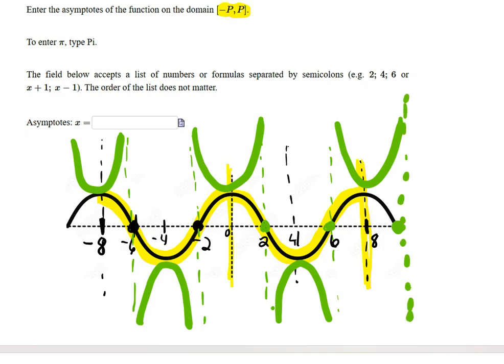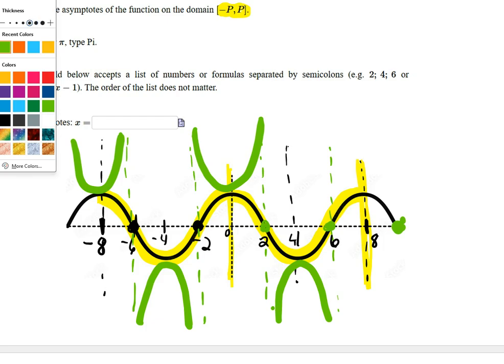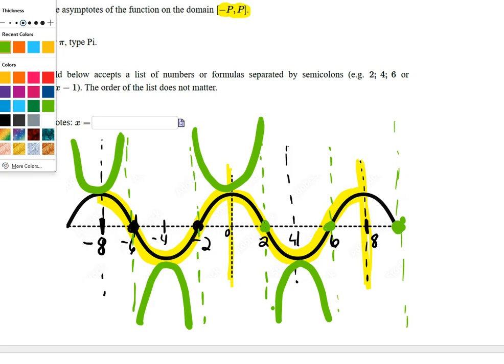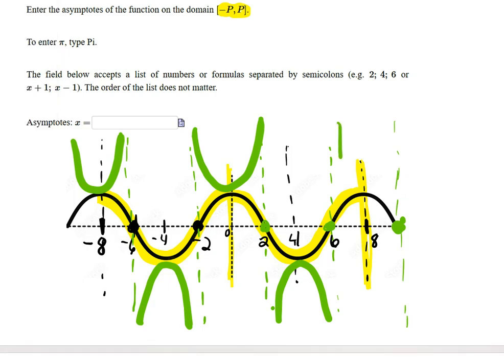Let me fix that. There's a vertical asymptote here also, and then my function is right here. There we go. So now we're going to the pink.